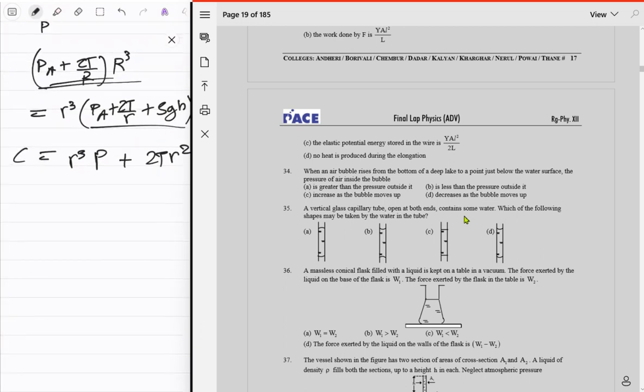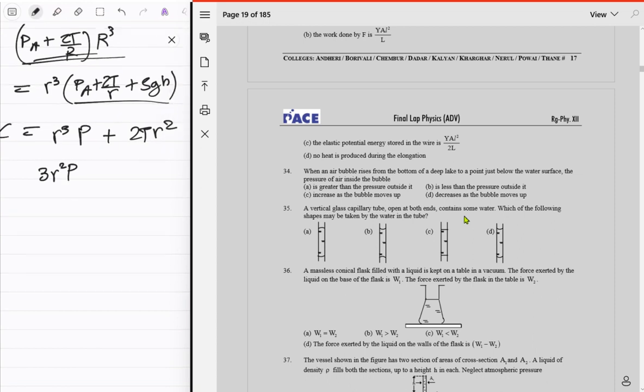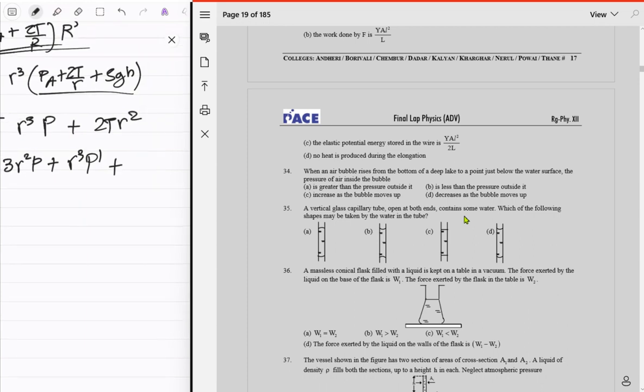अगर इसका डेरिवेटिव ले लो, what do you get? Like 3r squared p, wait, not just that, you also want this thing, plus r cube p dash. So as this changes, right? Because p changes with rate, change in r basically.